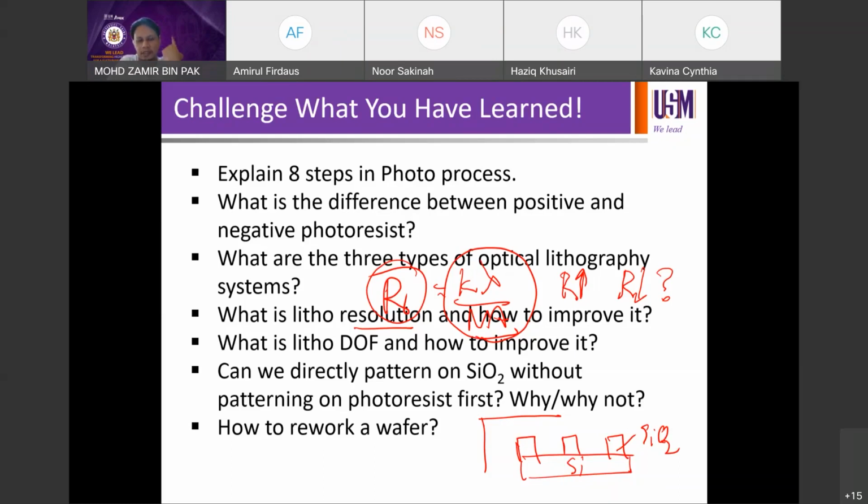Remember, photoresist is a light sensitive polymer compound.